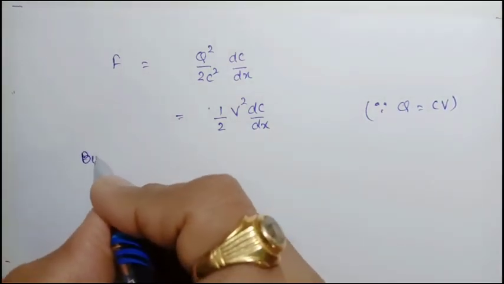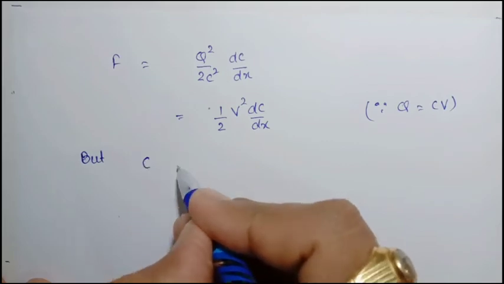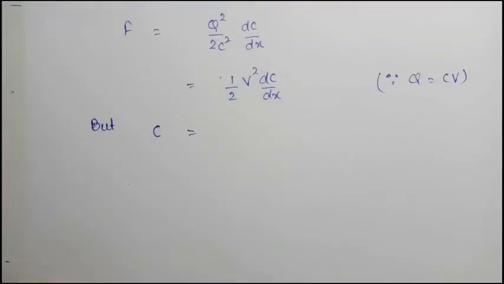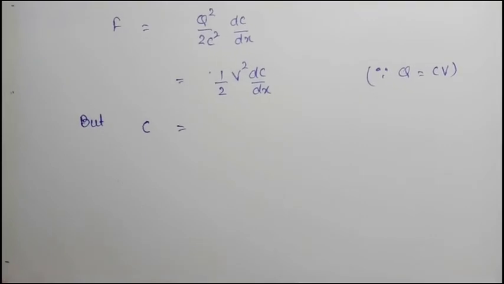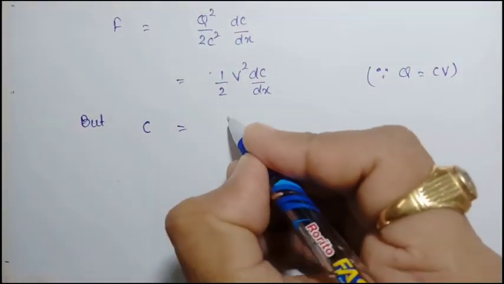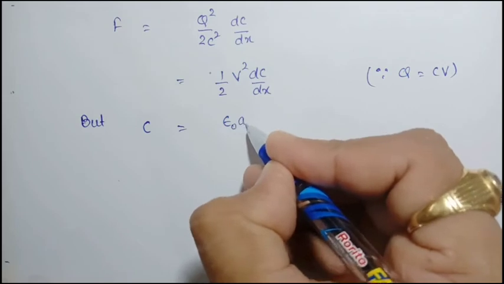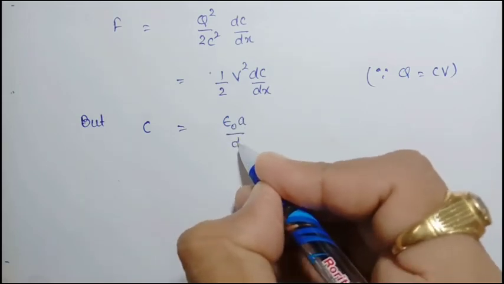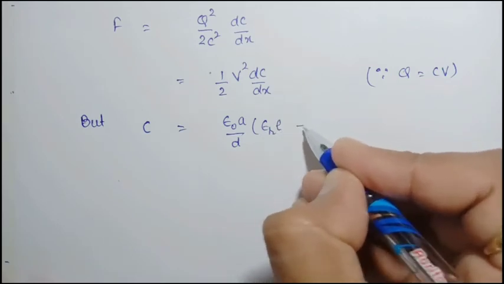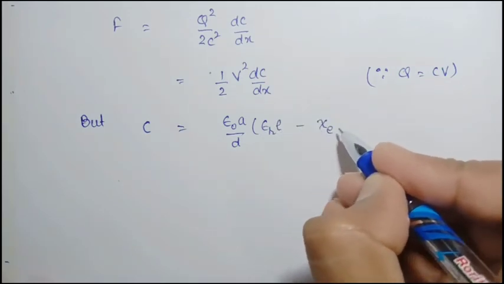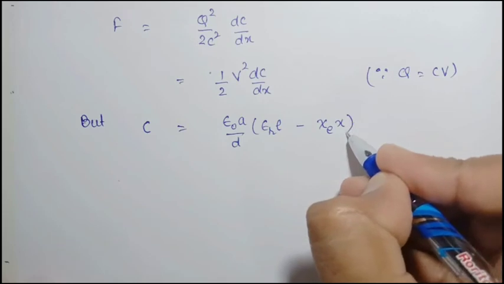But in our case, the capacitance C equals epsilon naught A over D times epsilon R L minus chi E into x.